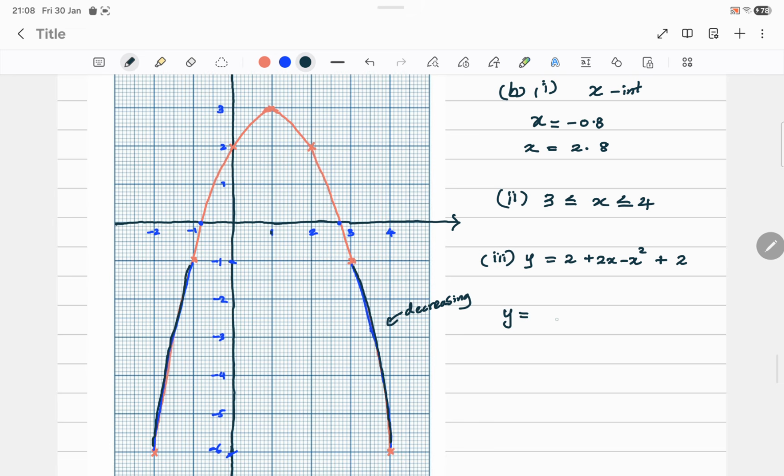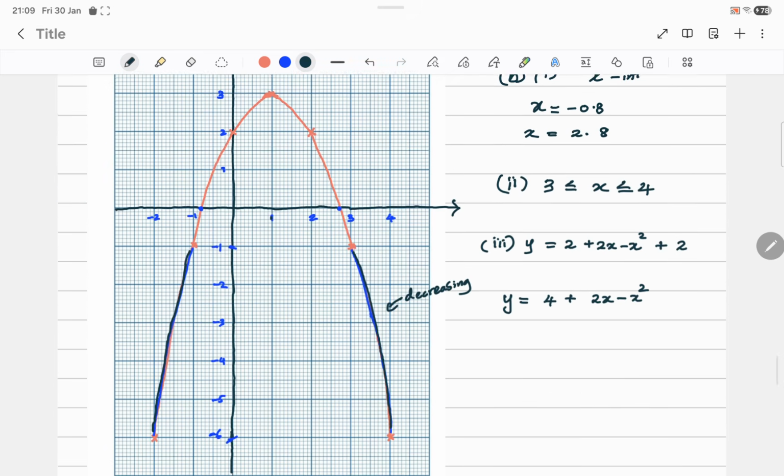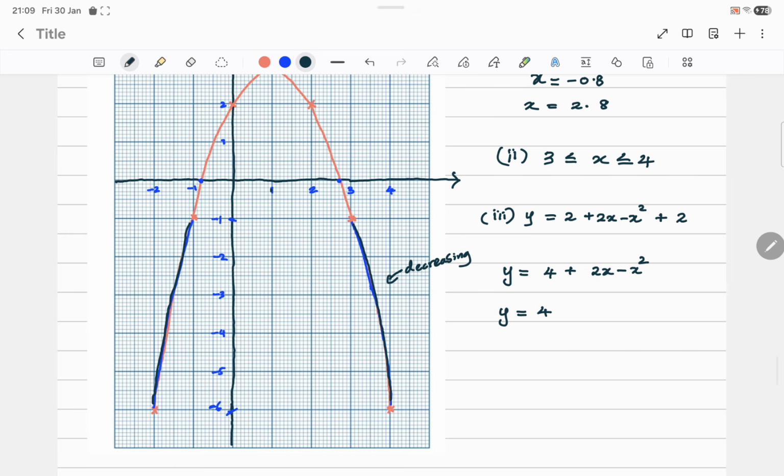So y equals 4 plus 2x minus x squared, right? So then take the minus sign out from the last two terms, you get x squared minus 2x. Now complete the square. So y equals 4 minus x minus 1 squared, subtract 1 squared, right?